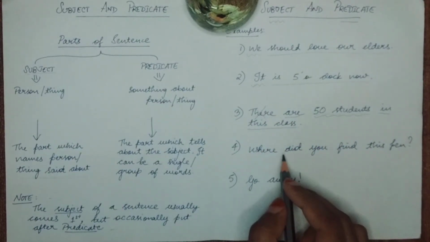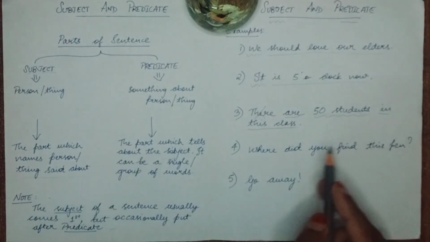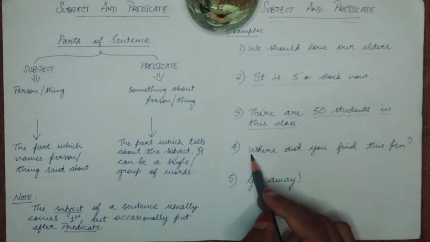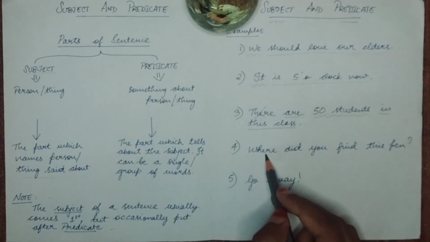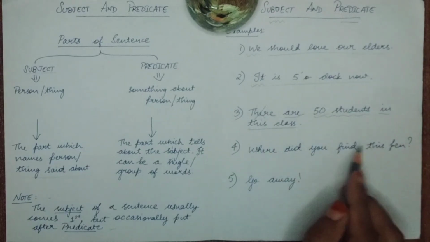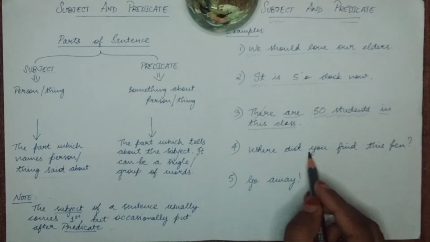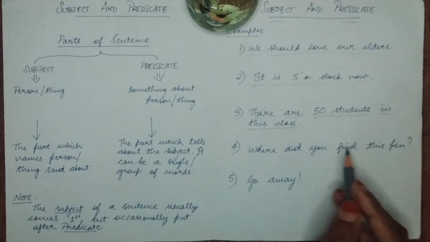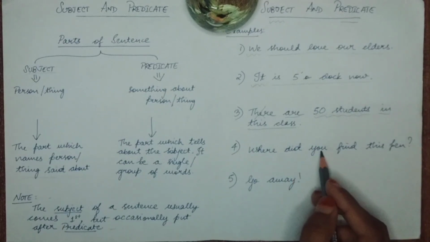Where did you find this pen? In this case, if you see, as in the previous sentence, will where be a subject here, just because it's at the beginning of a sentence? Where did you find this pen? Here, if you see, you automatically denotes someone. This second person, you, is a person over here.